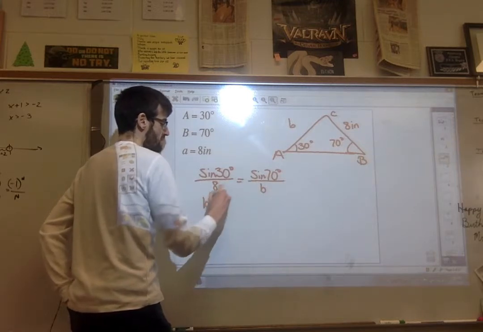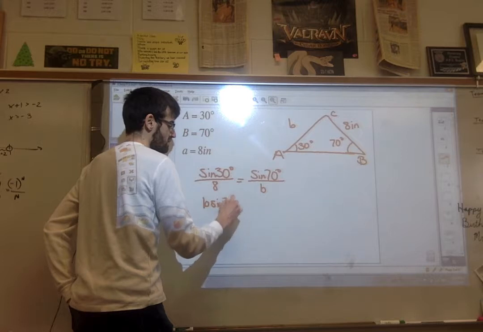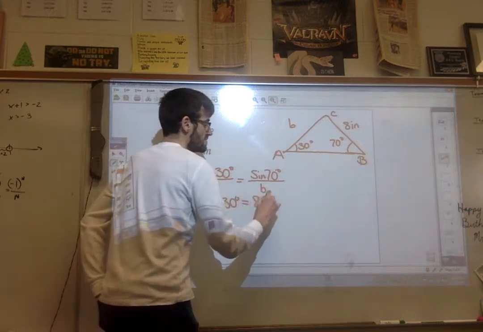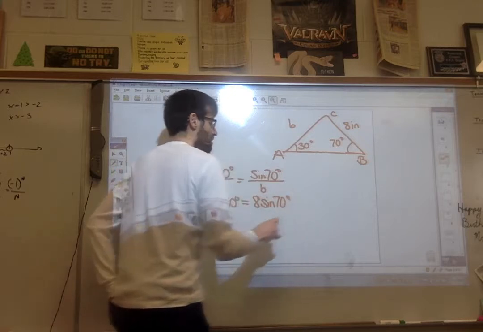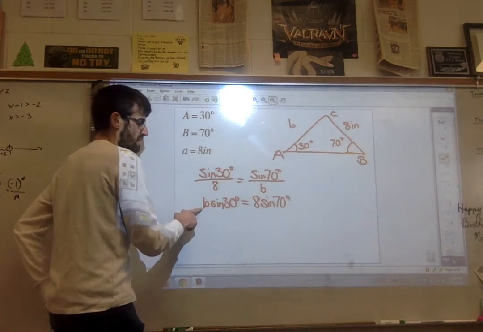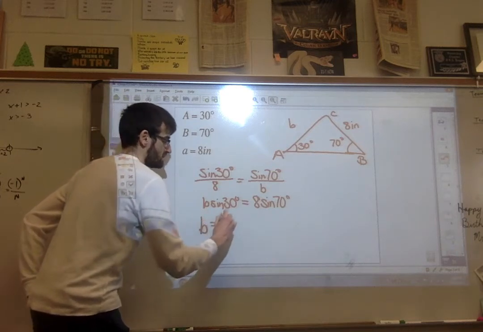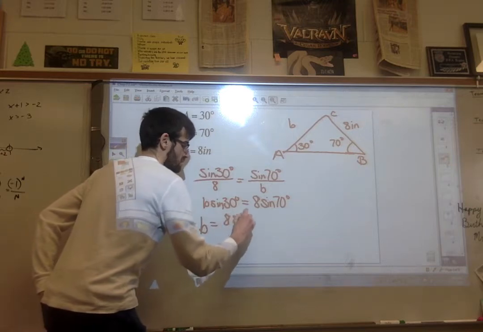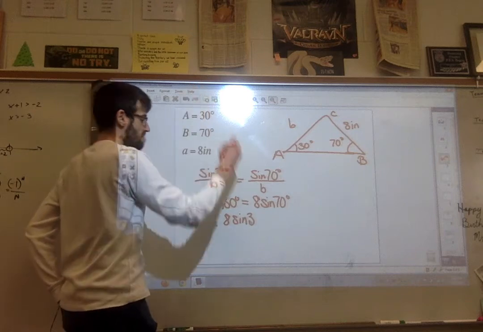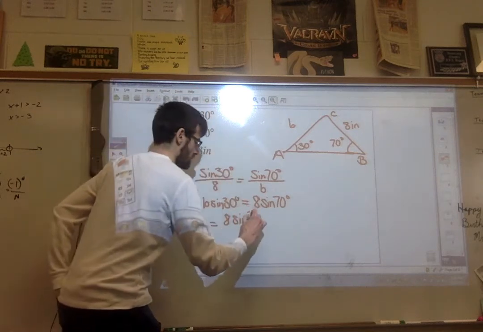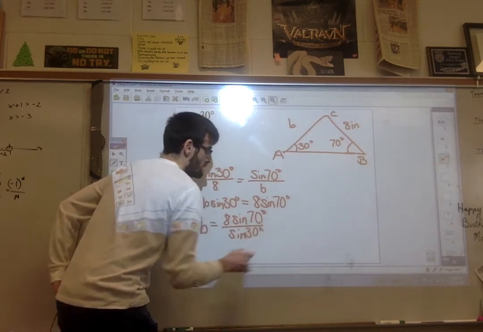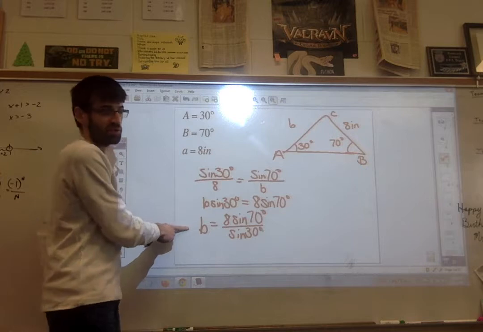I'm going to have b sine of 30 equals 8 sine of 70. Now, I'm going to divide by the sine of 30 to isolate that little b, so b equals 8 sine of 70 over the sine of 30. Now that's going to give me a decimal for little b.